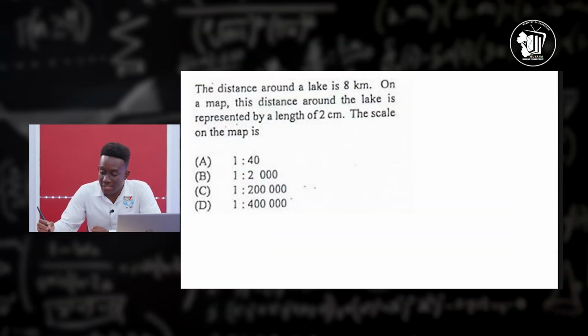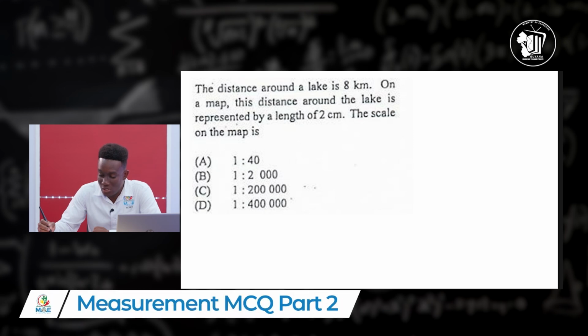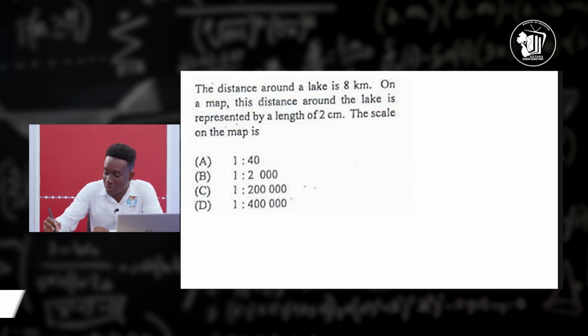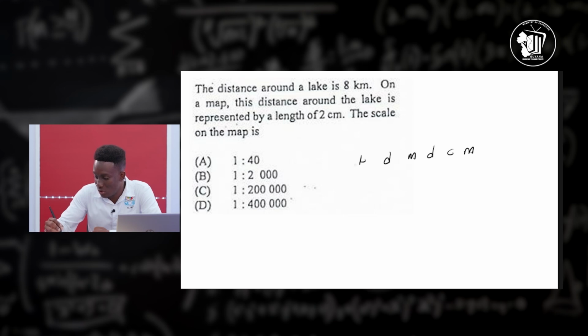So the next question says, the distance around a lake is 8 km. On the map, this distance around the lake is represented by the length 2 cm. The scale on the map is... let's first convert all of these units to the same thing. We want to convert this km to cm. We know the mnemonic: many Chinese dance, many days Hong Kong.